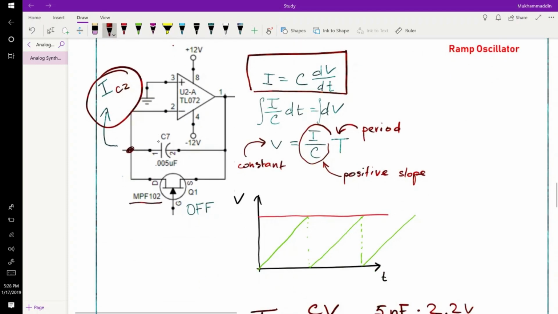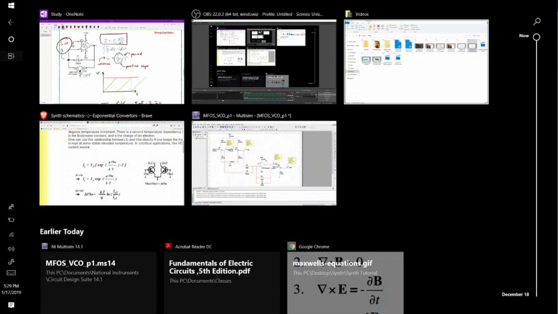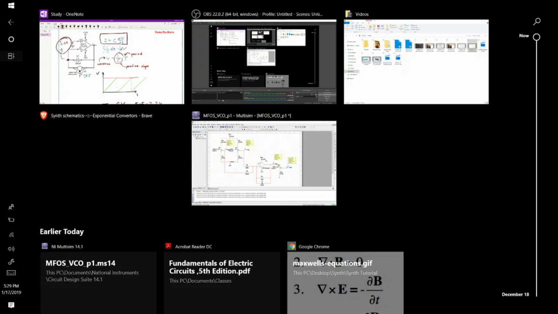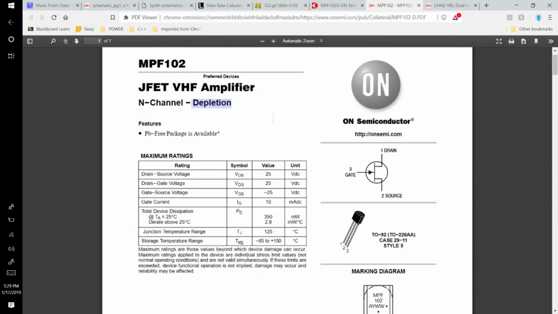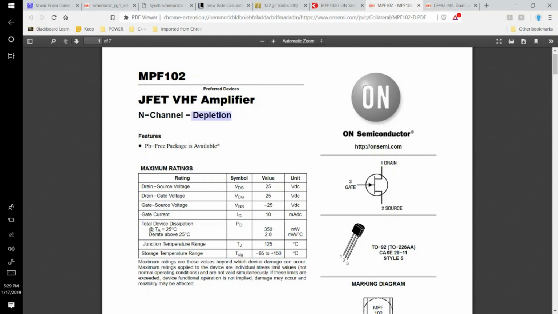And this transistor here is MPF 102. Let me double check the data sheet. Yes, it's MPF 102, which is an N-channel depletion mode JFET.